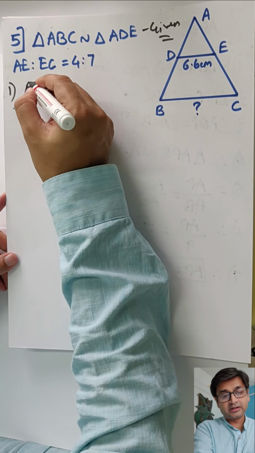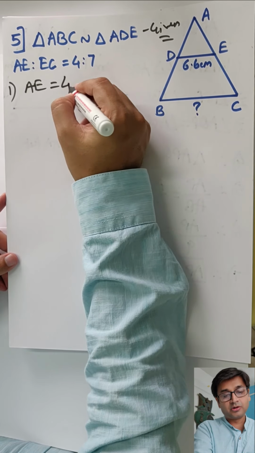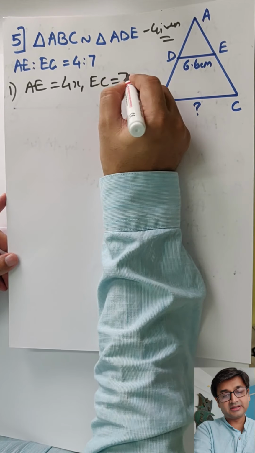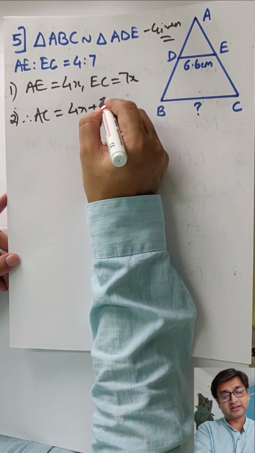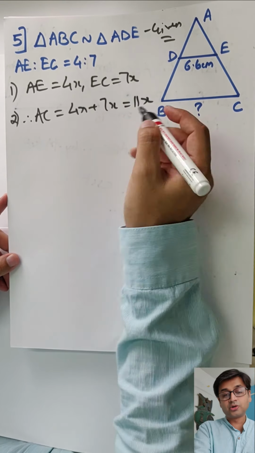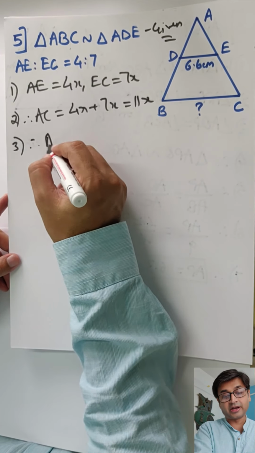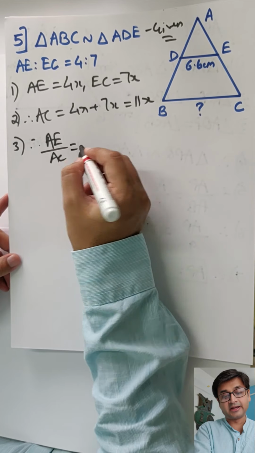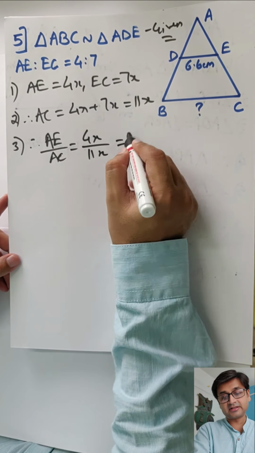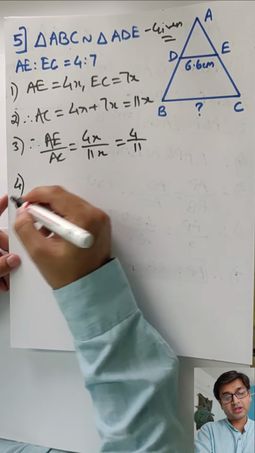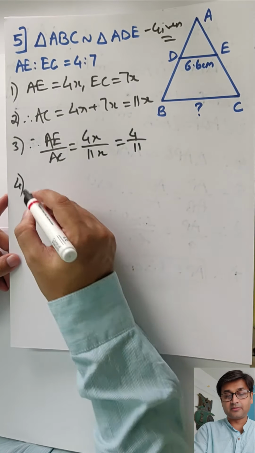Okay. So AE is equal to 4x and EC 7x. So therefore AC is 4 plus 7, 11x. Although you can do this mentally, you are expected to write these steps, so don't do anything direct. So AE upon AC will be 4x upon 11x, 4 by 11. So you got 4 by 11 as AE upon AC.